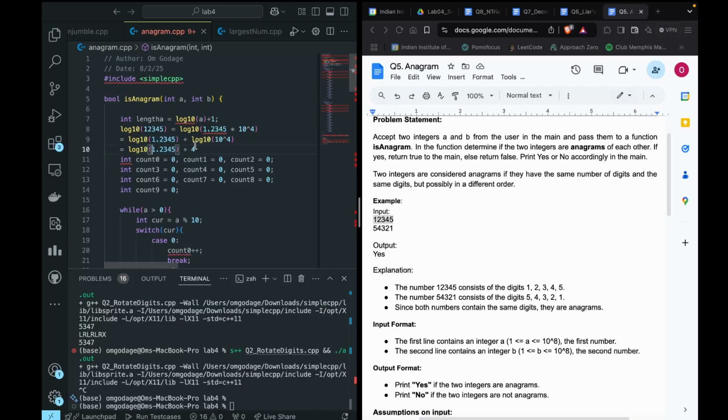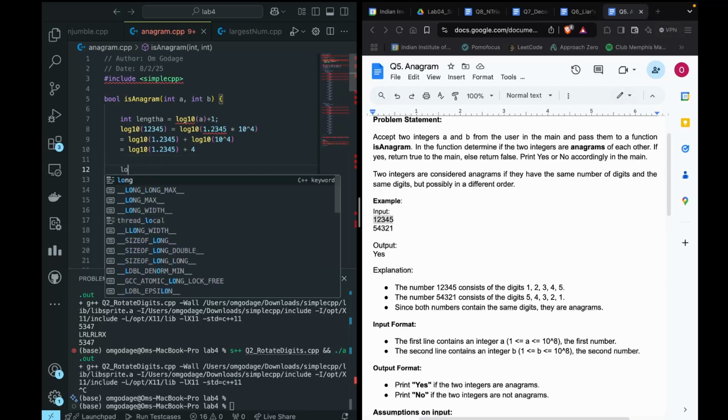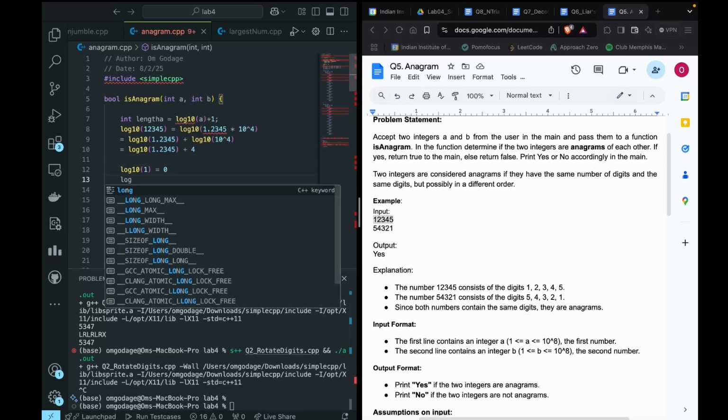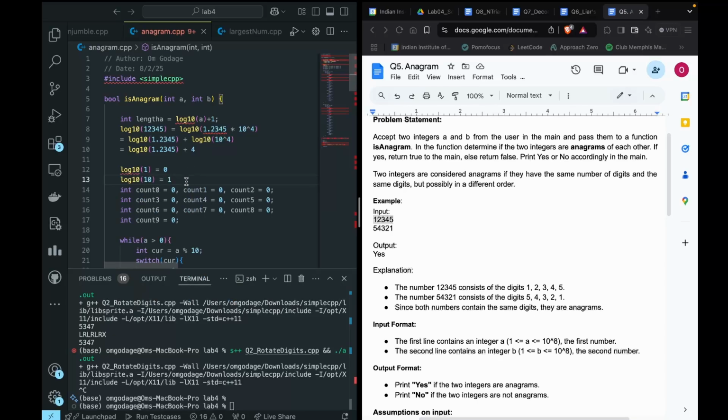because log 10 of 1 is 0 and log 10 of 10 is 1. Because of these two reasons, this value will be between 0 and 1, and this is 4. So when you store it into an int, this value is thrown away, and you're only left with a 4. So that's why you add a 1 later, to make sure that you account for all the digits.